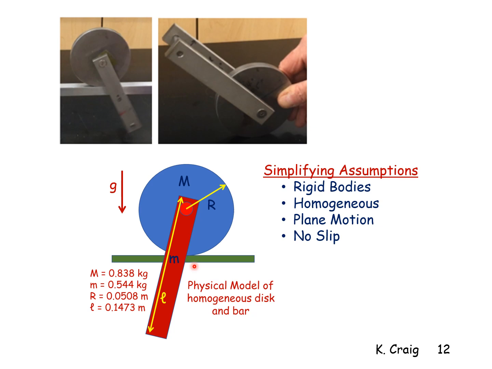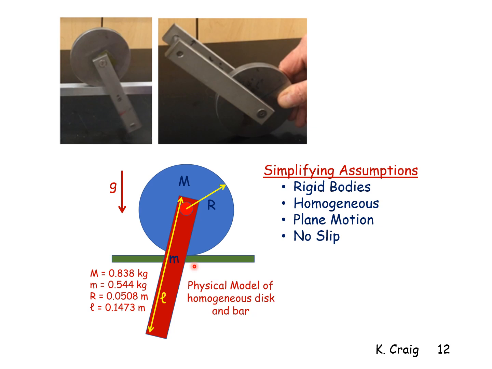One, the point of contact on the ground, and the point of contact on the disc. So those 2 points of contact must have the same velocity in order to have no slip, and also must have the same tangential acceleration in order to have no slip.